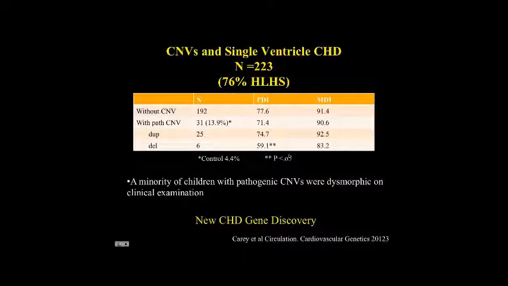All children were evaluated by a clinical dysmorphologist, and only a very small percentage of those who had a deletion or a duplication were noted to have any dysmorphic features. So from physical examination, we're not very good at differentiating this, but indeed it certainly demonstrates the importance of this information.